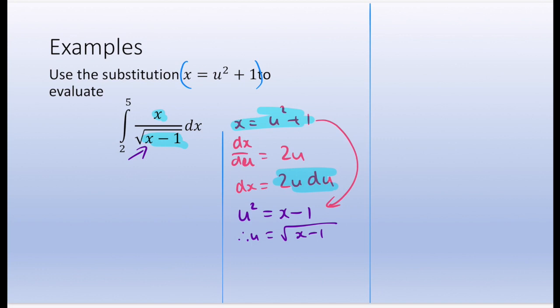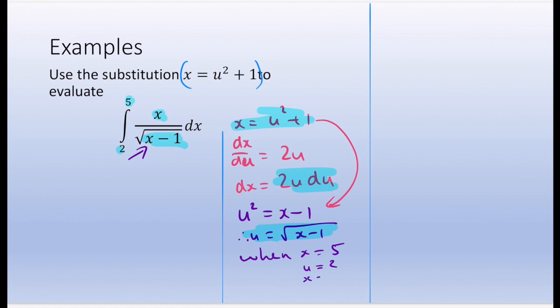But the next thing I want to do is change my boundaries. So when x equals 5, I could probably use this guy here. All right, so when x equals 5, u equals the square root of 5 minus 1, square root of 4 is 2.